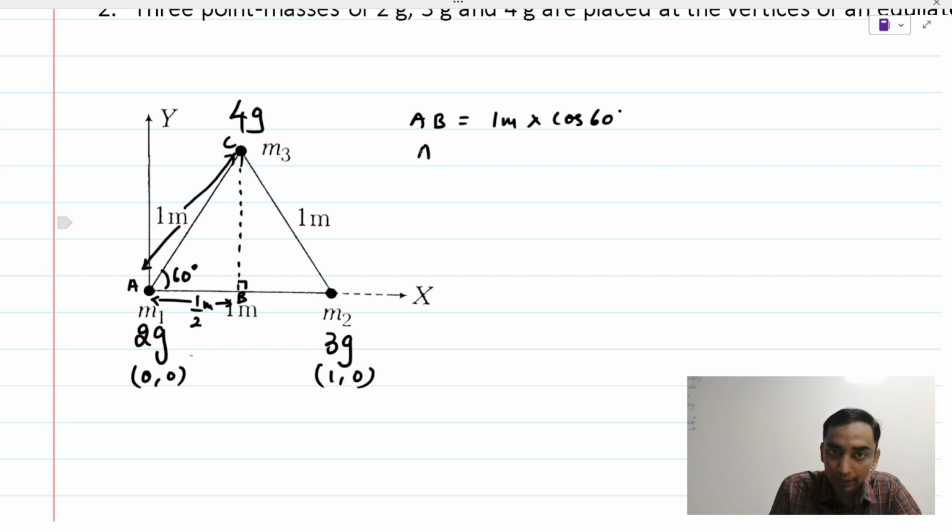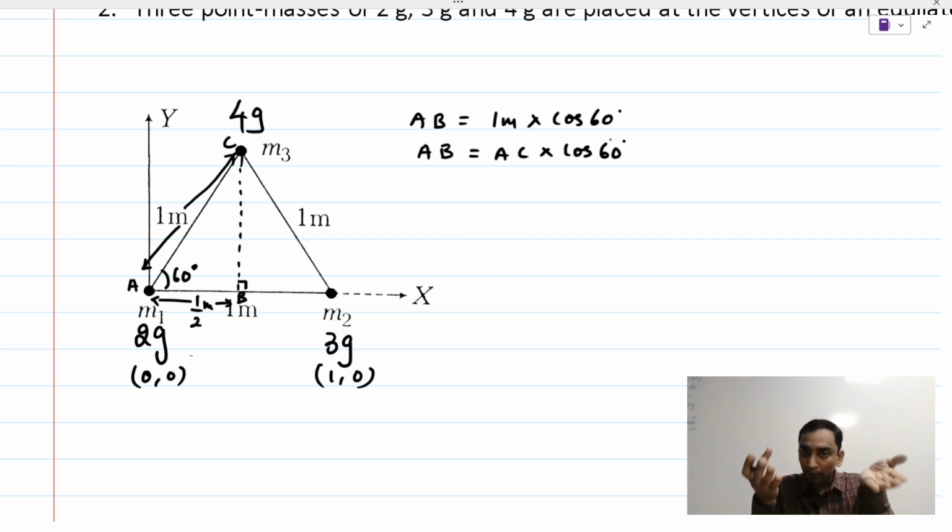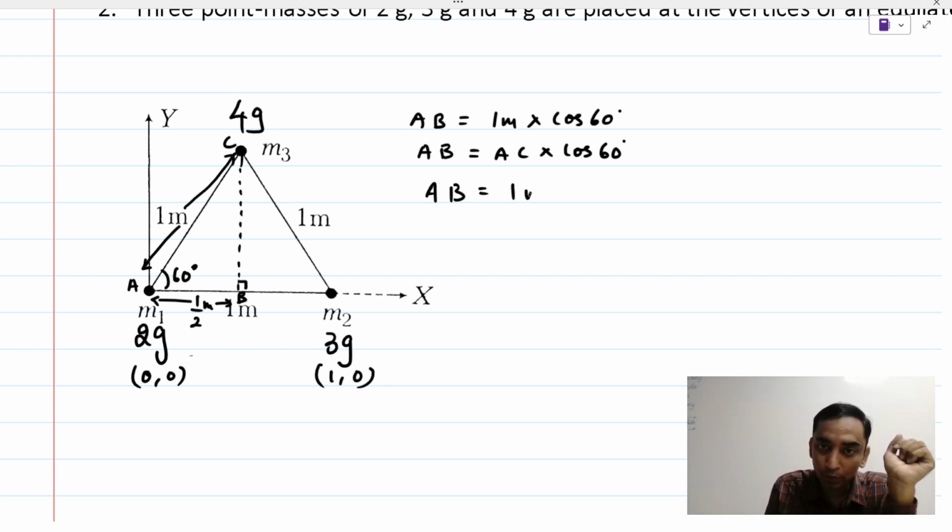So AB equals AC times cos 60 degrees, from that small triangle ABC. AB is equal to 1 meter into cos 60, which is half, so the answer is 0.5 meter. I know the x coordinate of this ball, that is half.